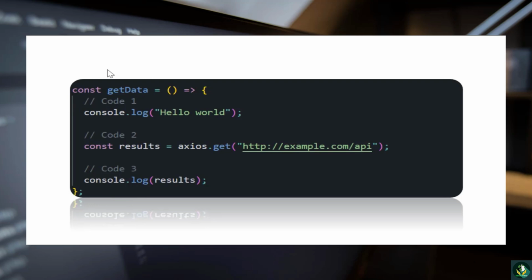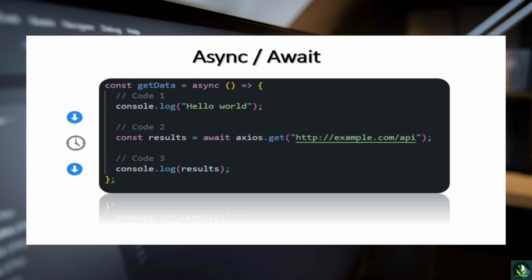So now we'll try to execute this code in a synchronous way but in JavaScript. For doing that, we need to use async await in our function. If you want to wait for the code execution or delayed execution, then you need to create an asynchronous function, or you need to convert your function into an asynchronous function.